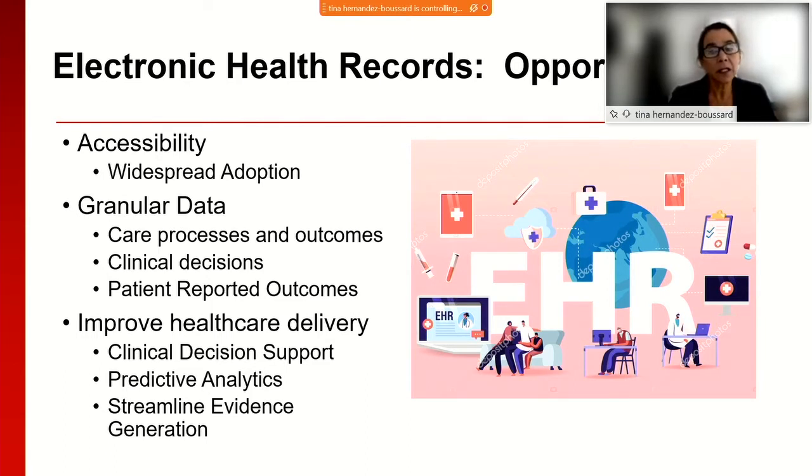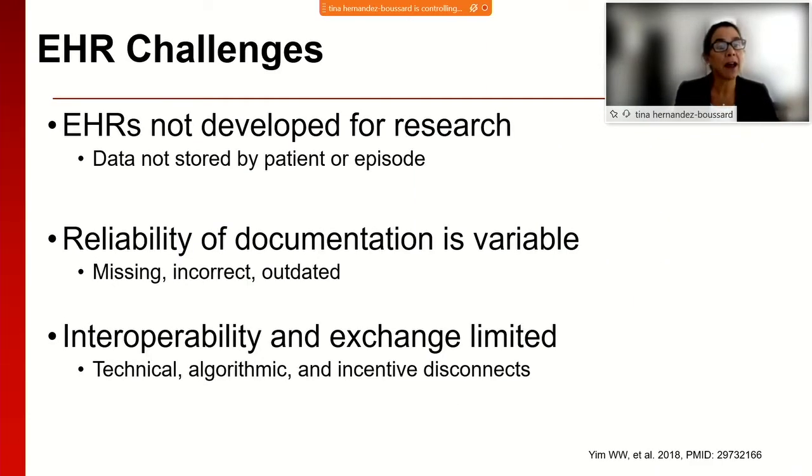And we can use these data generally to improve healthcare delivery by developing clinical decision support tools, performing predictive analytics, or streamlining evidence generation. However, EHRs also have many challenges when we try and use them.